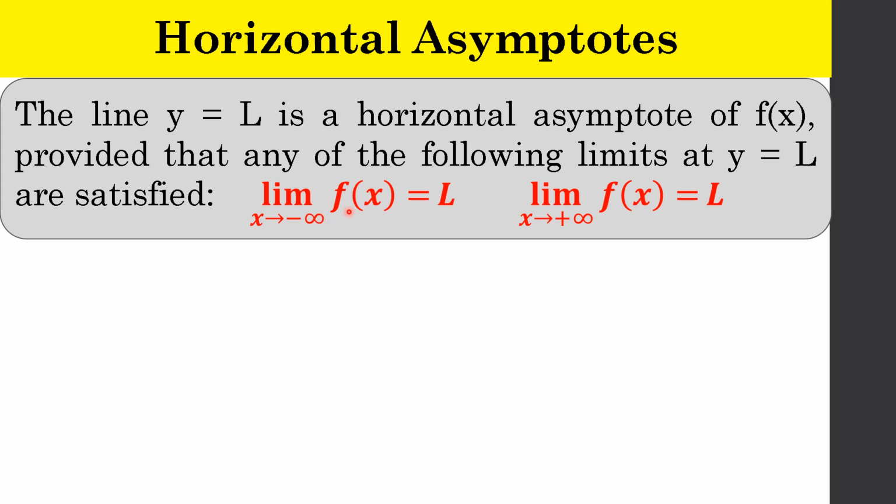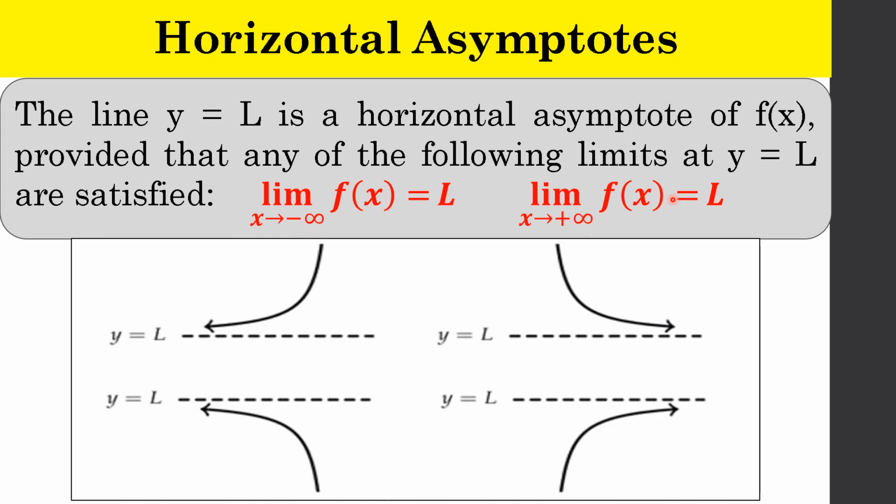Ito yung una, limit of the function habang yung x natin is papuntang negative infinity, that results to your L. Then we have also the limit of the function habang yung x naman natin is papunta sa positive infinity, results to L. And this is the graph of your horizontal asymptotes.